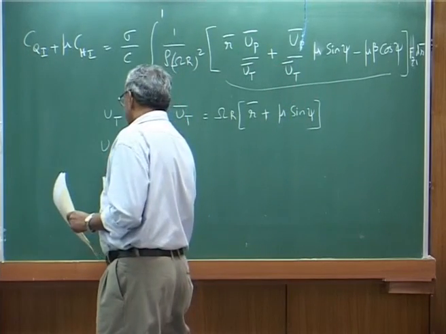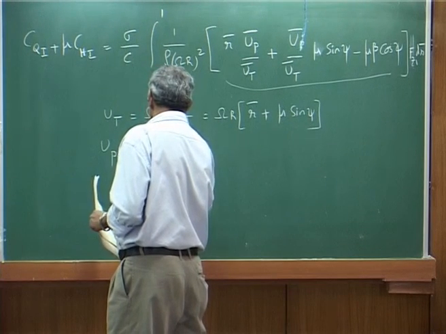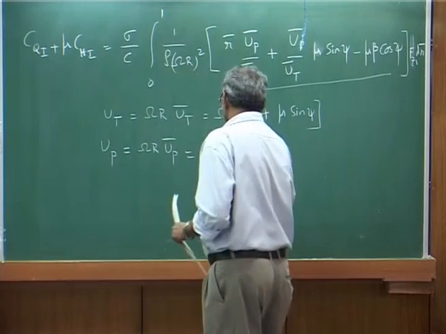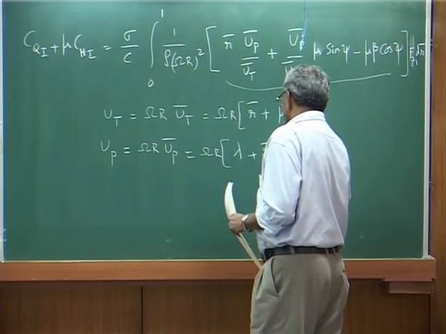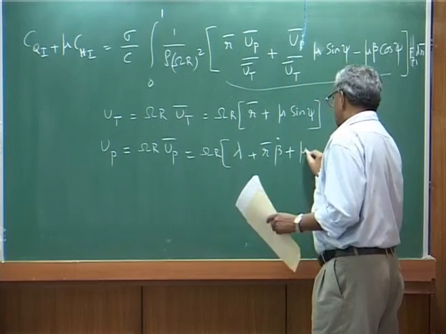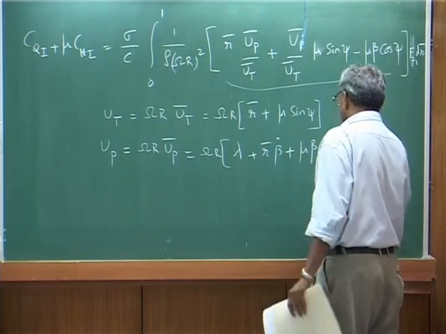Similarly, up as omega r up bar, which is omega r into lambda plus r bar beta dot plus mu beta cosine psi.